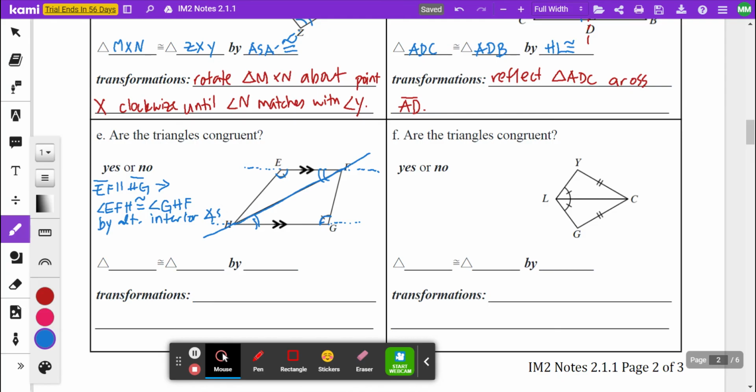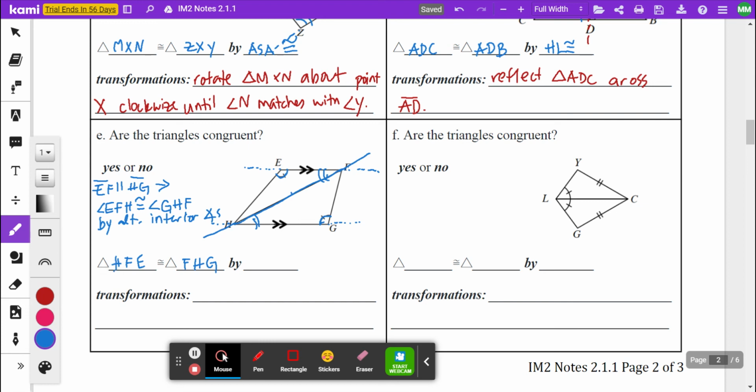Which means I have angle, side congruence. So triangle HFE is indeed congruent to triangle FHG. Be careful with your ordering.